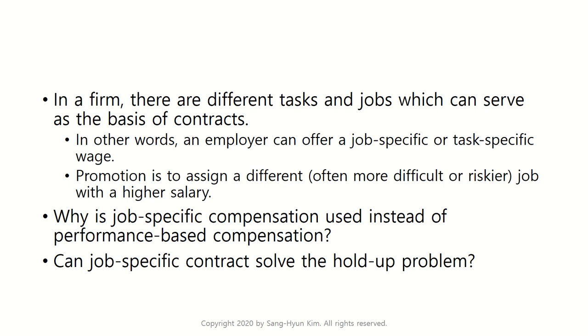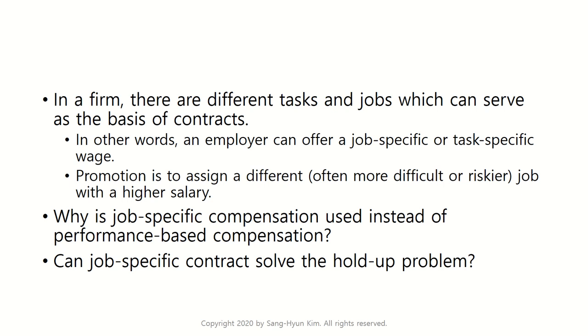More specifically, in a firm, there are different tasks and jobs which can serve as the basis of contracts. The starting point of this model is that the performance is not contractable. Let's go back to the basic principal-agent model.